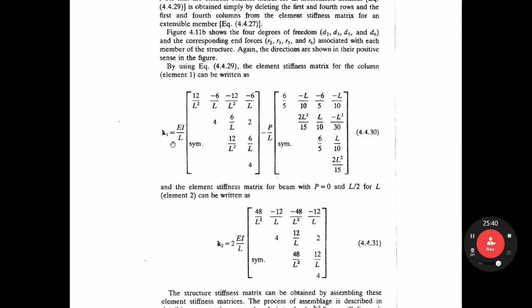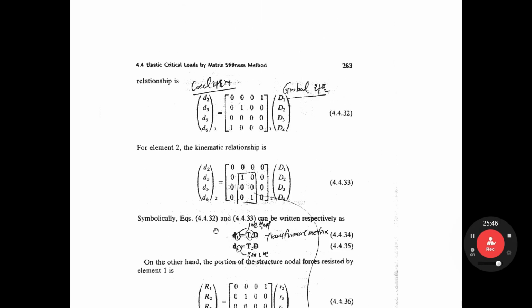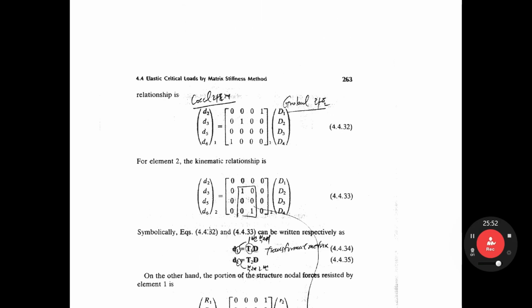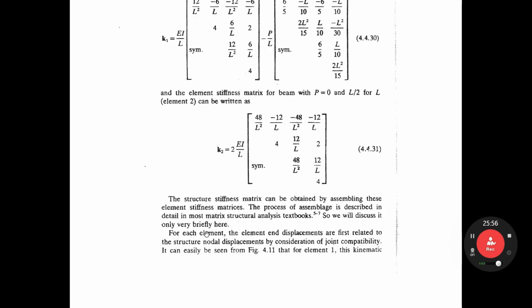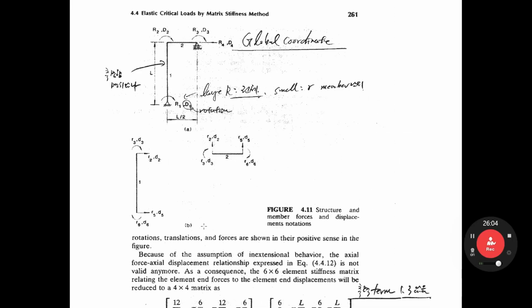So we have the K1 stiffness matrix and K2 stiffness matrix, and then you have to consider the global coordinate. That means this one is the global coordinate: R1, D1, R2, D2, R3, D3, R4, D4. That is the global coordinate corresponding to the total structure system.